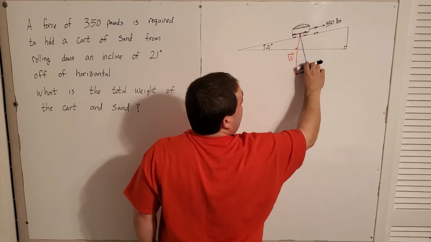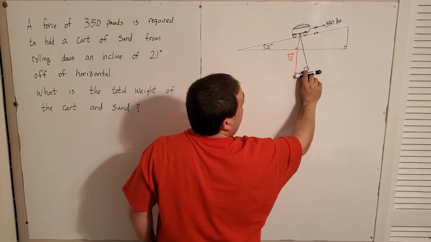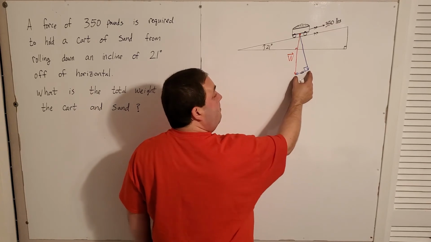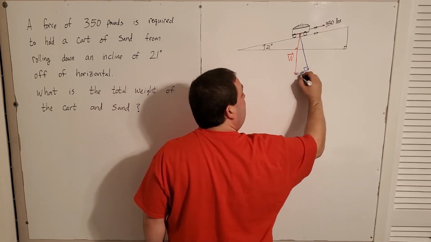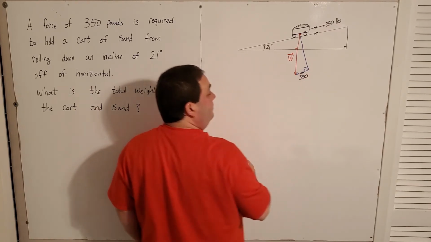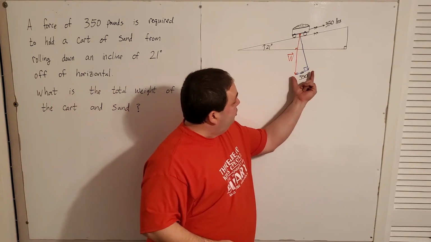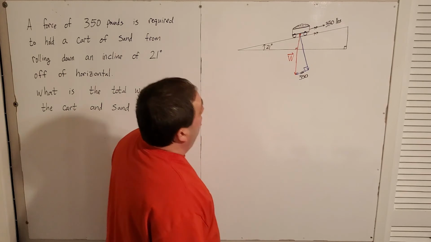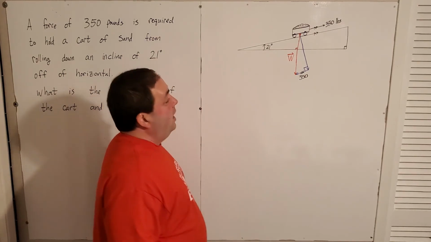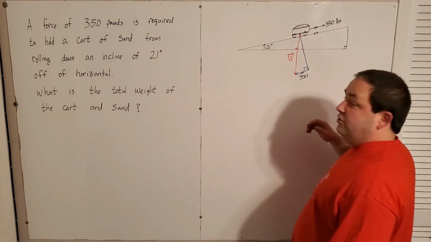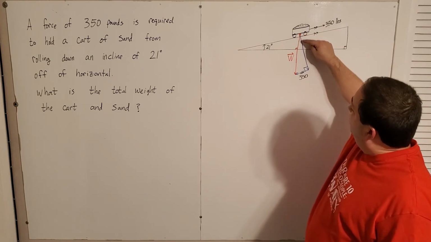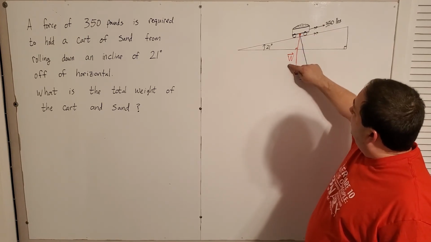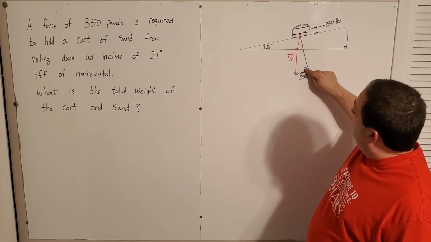I'm going to slide it down to this tip right here. In other words, I'm saying that the magnitude of this little piece is 350, right? That's the magnitude of this little vector right here. Okay? Well, through some other geometry, I can say that there's another component vector of W here at a right angle.